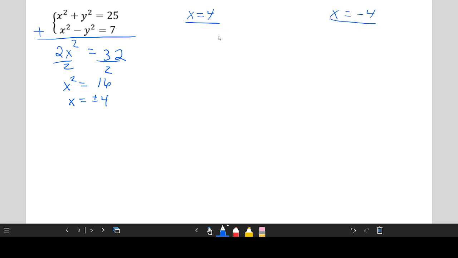And so we're going to take each of those x values and substitute it into one of the equations. It doesn't matter which one. I'm going to use the first one because at least the y squared term is positive. So I think that'll make it a little bit easier. So 4 squared plus y squared equals 25.